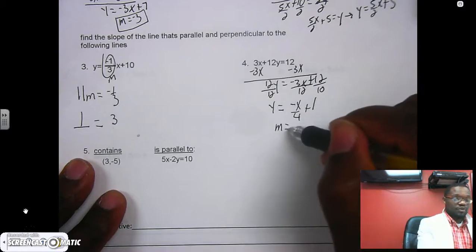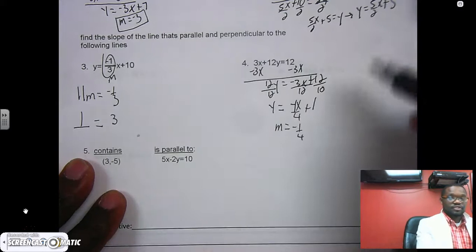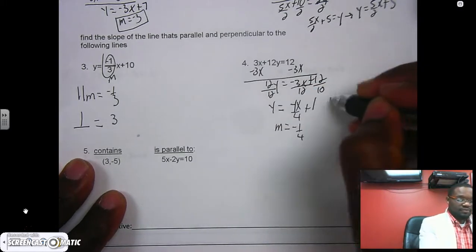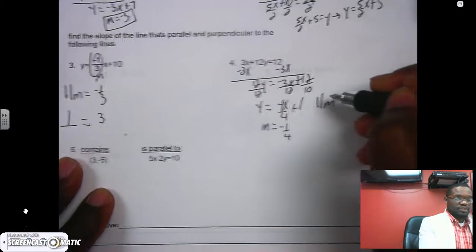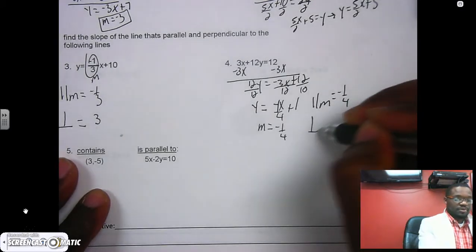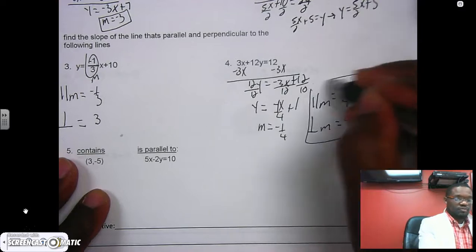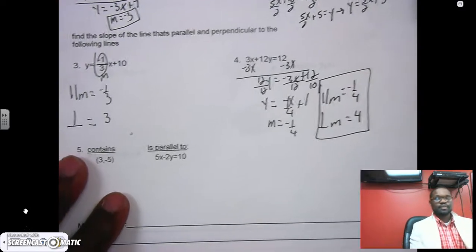The slope in the equation is -1/4. Remember, there's a 1 in front of there. So the parallel slope is -1/4. The perpendicular slope is 4 over 1, or just 4, when you change the sign and you flip it.